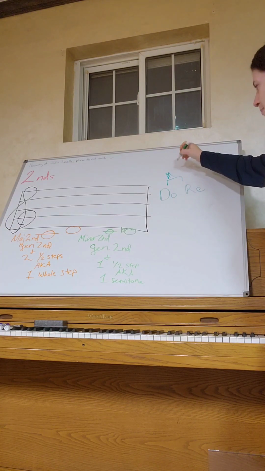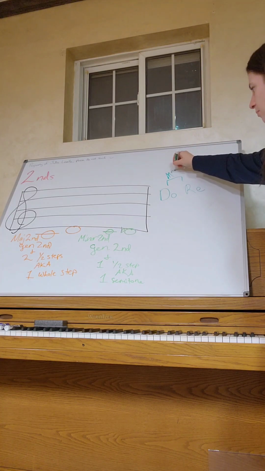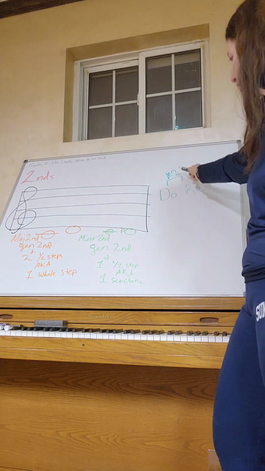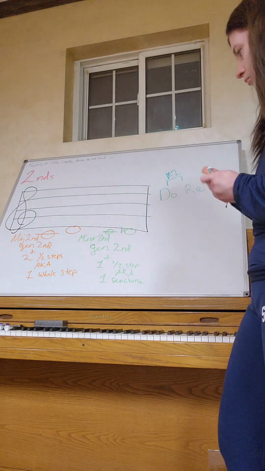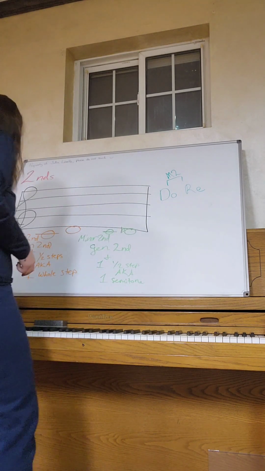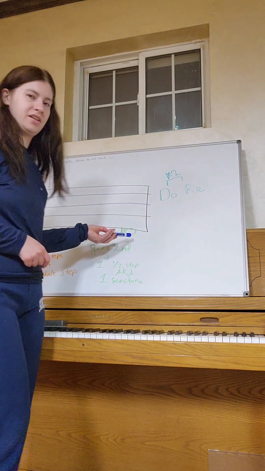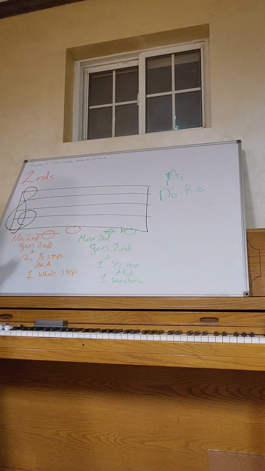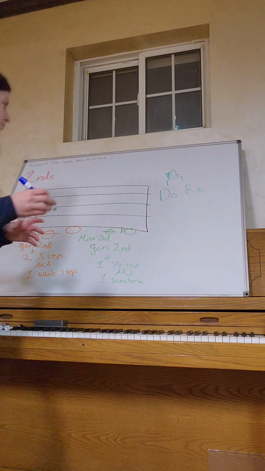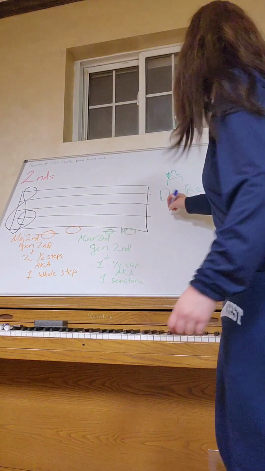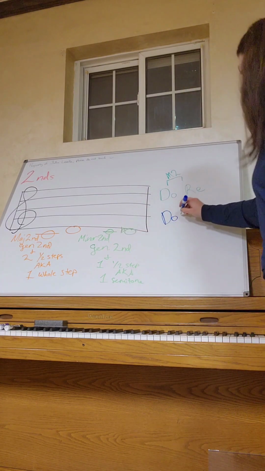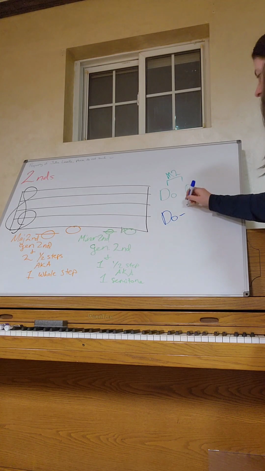I'm using a capital M to denote major. I'm going to put M2 so that I remember major second. But how do we flatten re? What does that sound like? Well, let's see. We keep do. Do is middle C. We go to ra.